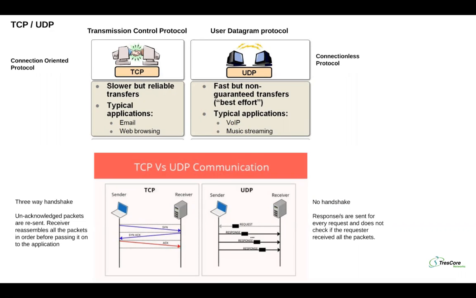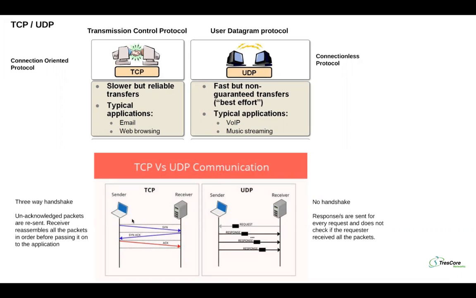The two things that you would want to know the most, because most of the communication is TCP and UDP. TCP is the Transmission Control Protocol. It's called a connection-oriented protocol. How it works is, if a sender wants to send something to a receiver, they first start a handshake.